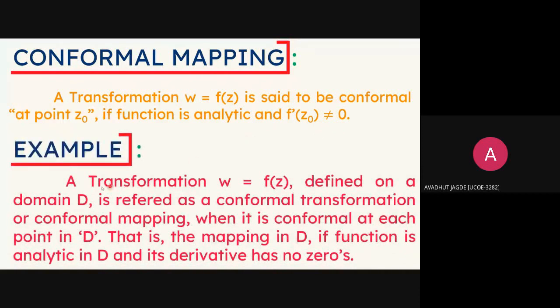A transformation w equals f(z) defined on a domain D is referred to as a conformal transformation or a conformal mapping when it is conformal at each point in D. That is, the mapping is conformal in D if the function is analytic in D and its derivative is non-zero.